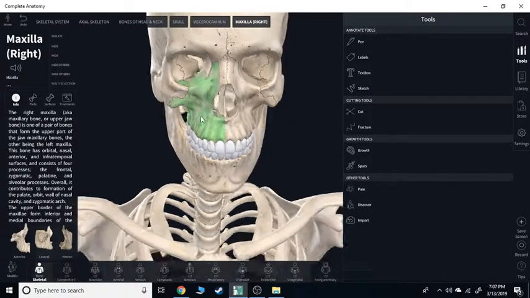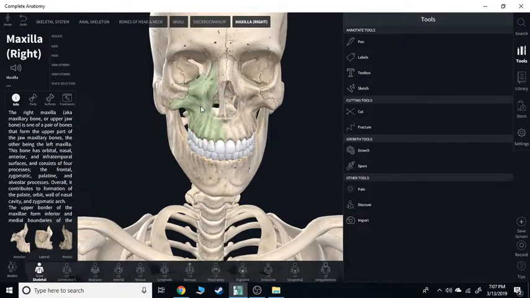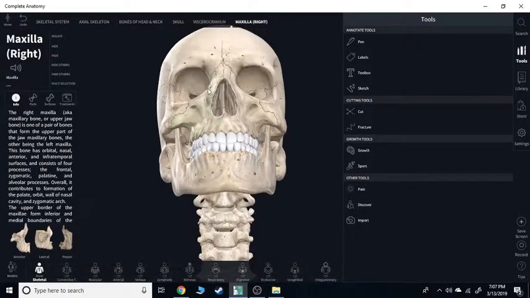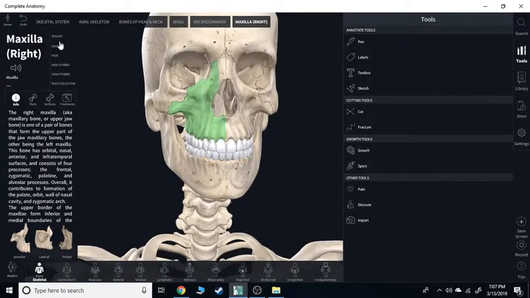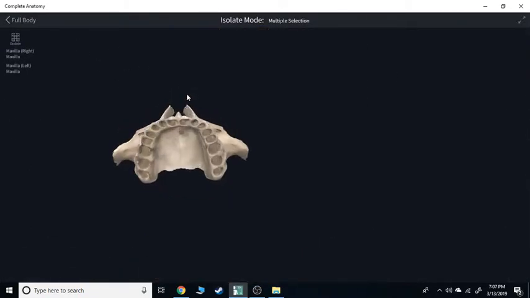There is the orbital surface, which creates the inferior part of the inferior orbit. Then it also has, let's see if we can isolate those two, an alveolar process.